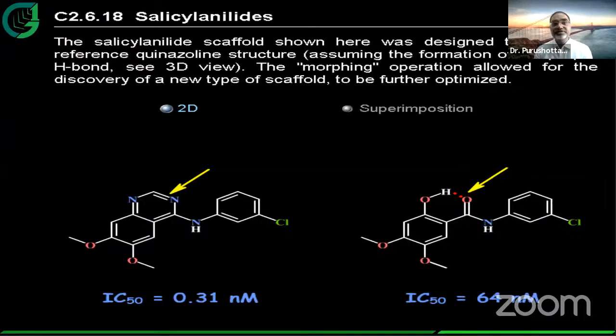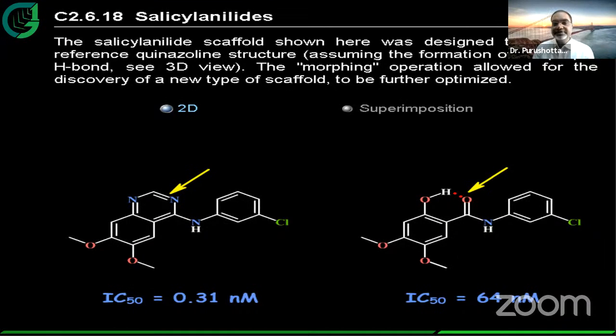If you look at the salicylanilide on your right-hand side, the compound has no other changes, but the bond indicated by the yellow arrow has been broken and replaced immediately by hydrogen bonding. So this is giving you another active molecule, active at 64 nanomolar.